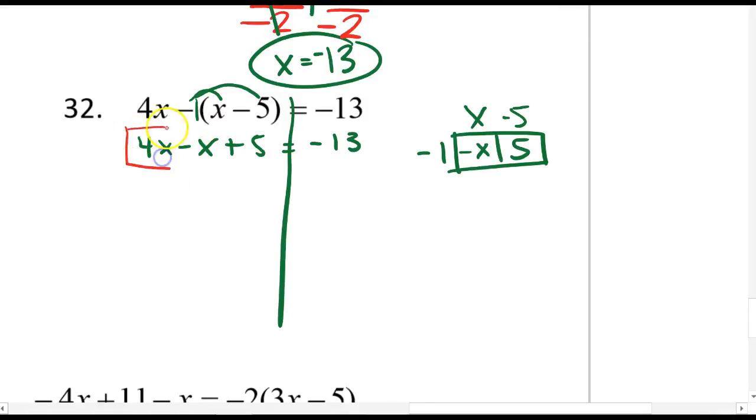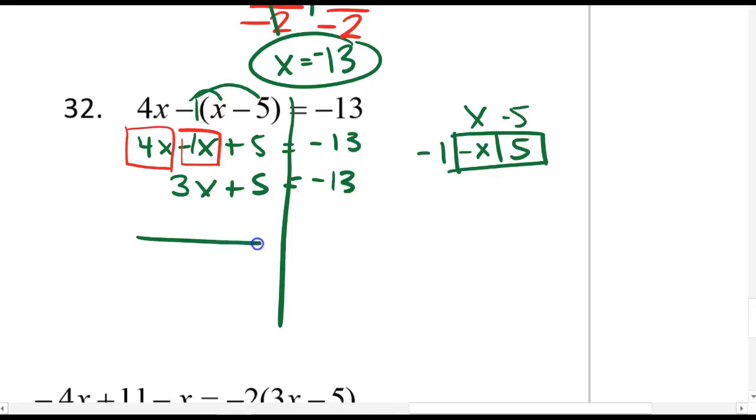This 4x and the negative x. So what you can do is simplify first. Well, don't forget that there's a 1 in front of that, right? So really it's 4x minus 1x, which is 3x. Okay? And then we still have the negative 13 here.